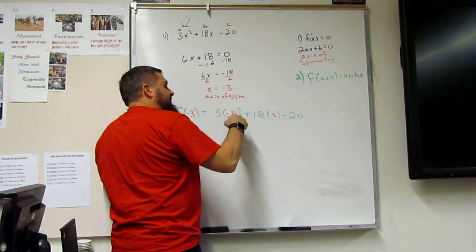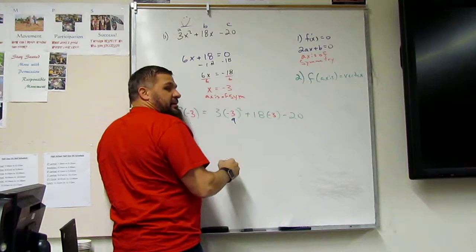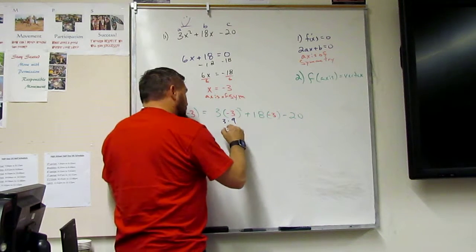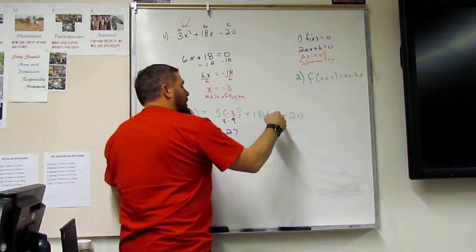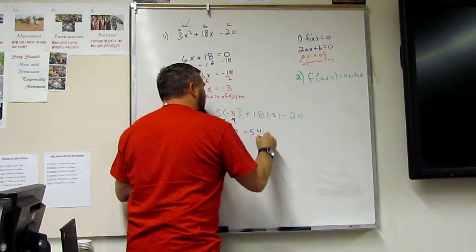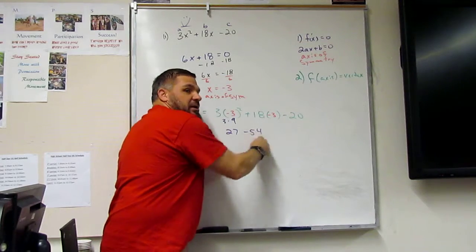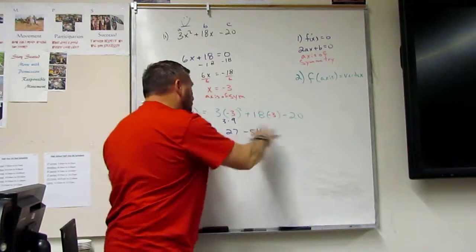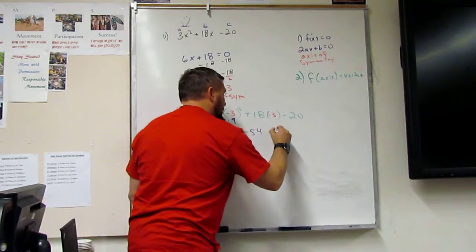Negative 3 times negative 3 is 9. 3 times 9 is 27. Negative 3 times 18 is negative 54. These should be twice or 1/2 of each other. They are. I'm on the right path.